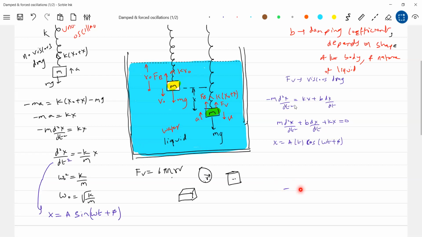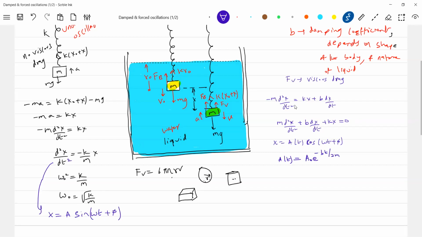The general solution for this will be A of t equal to A naught e to the power of minus bt by 2m. Don't bother about how it came. If you refer to some books related to oscillations and waves, it is derived there. As far as our level is concerned, we'll just accept this. So what is B again? B is the damping coefficient. What is m? Mass of the block.